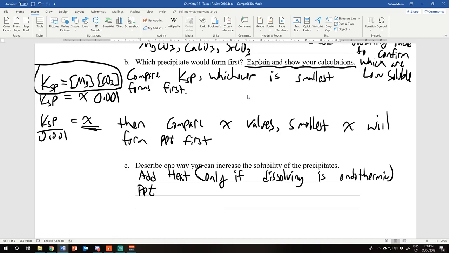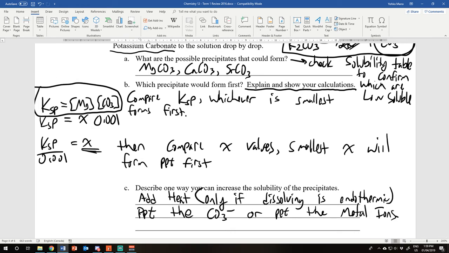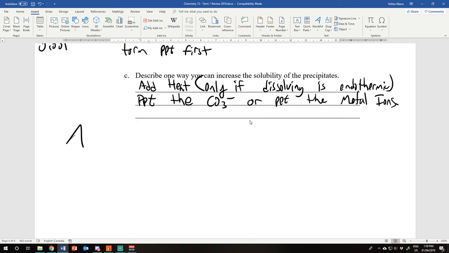precipitate the carbonate or precipitate the metal ions. Because as you precipitate out the carbonate ions, you effectively force, let's say we have metal ion 2 plus and CO3 2 minus.